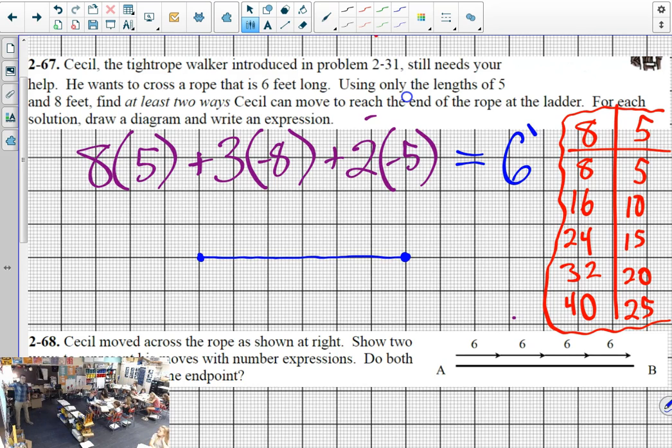Negative 10. This together, negative 24. What's my total negative? 34. What's my total positive? 40. What's the difference? 6. So that way will work as well.